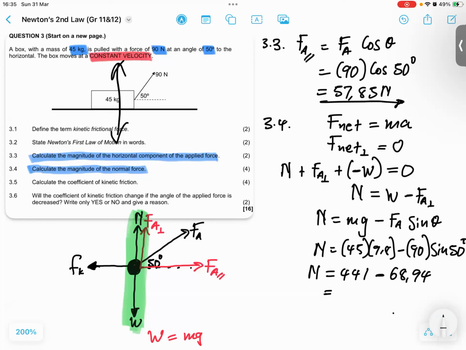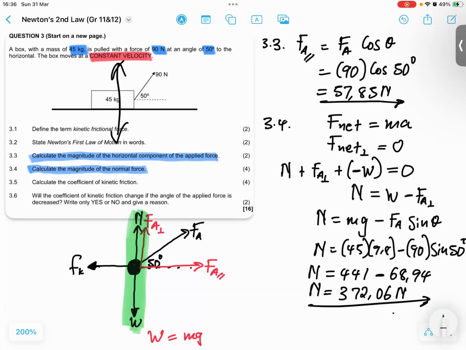And then therefore, normal force will be 441 minus 68.94, which gives you 372.06 newtons. Okay, that is our normal force, right?